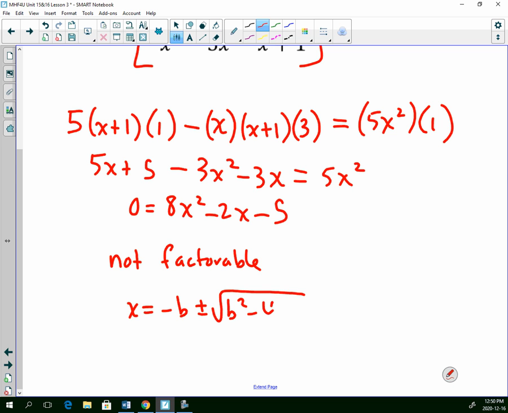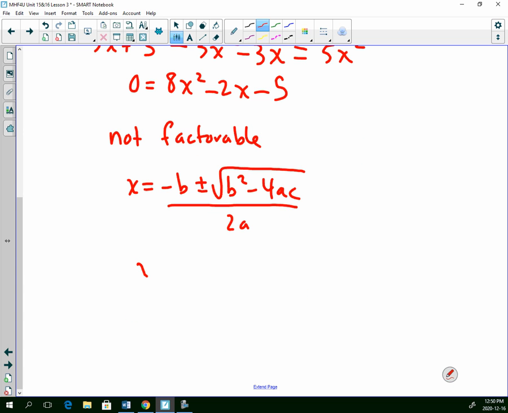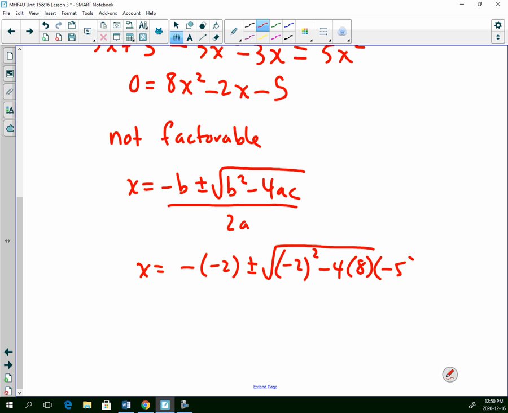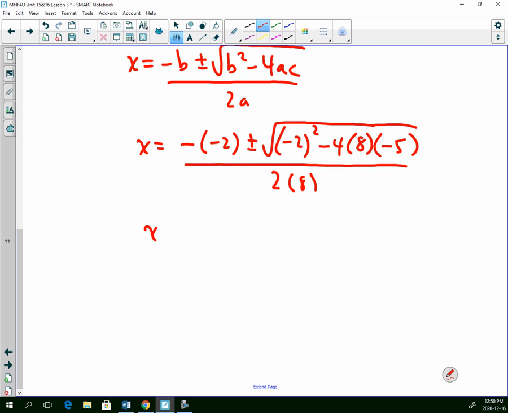That's a perfectly reasonable way to do it. So we have b is -2. And then we have -2 squared minus 4, a is 8, c is -5. And then 2 8s are 16. All right, so let's see what we get. We get 2.